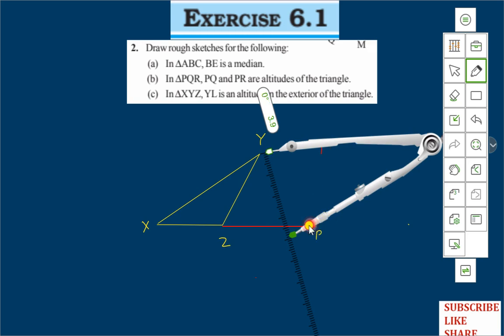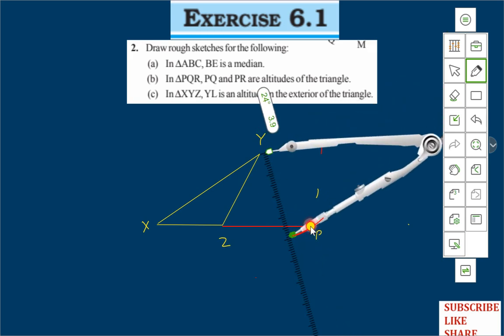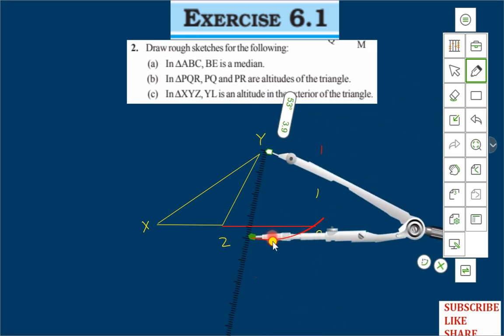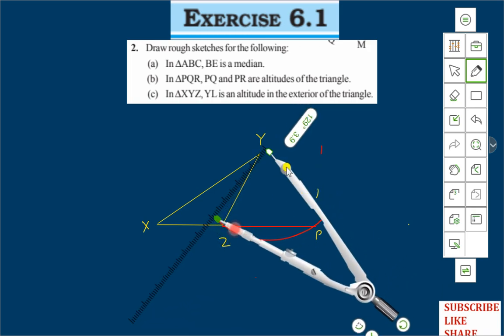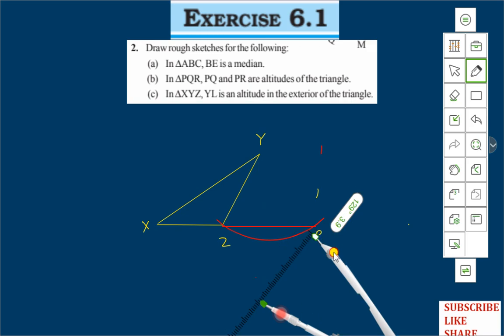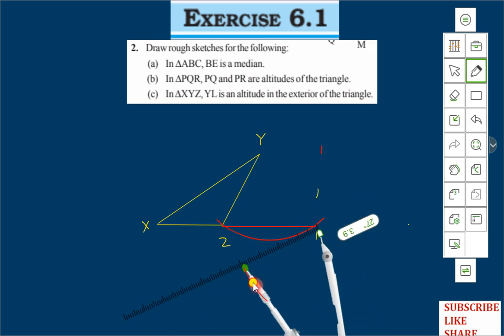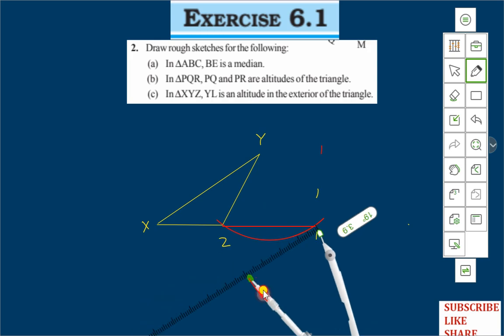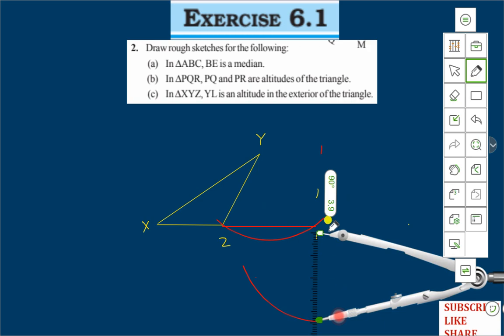Now let us take an arc here. Right? Now again take this pointer here at point P and take another arc here, right?